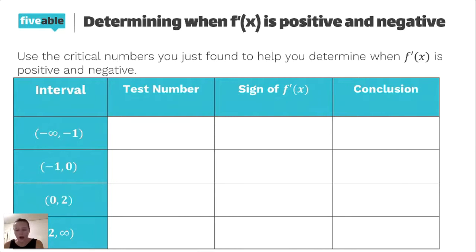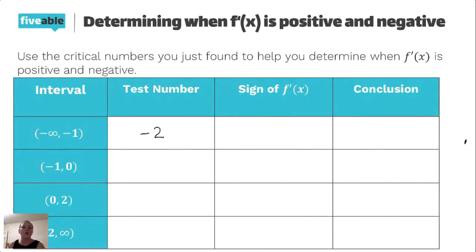So let's pick negative 2. Negative 2 falls in the interval between negative infinity and negative 1. You can pick any number you want in that interval, but you don't need to make it more difficult on yourself than it needs to be. So let's take the test number of negative 2.